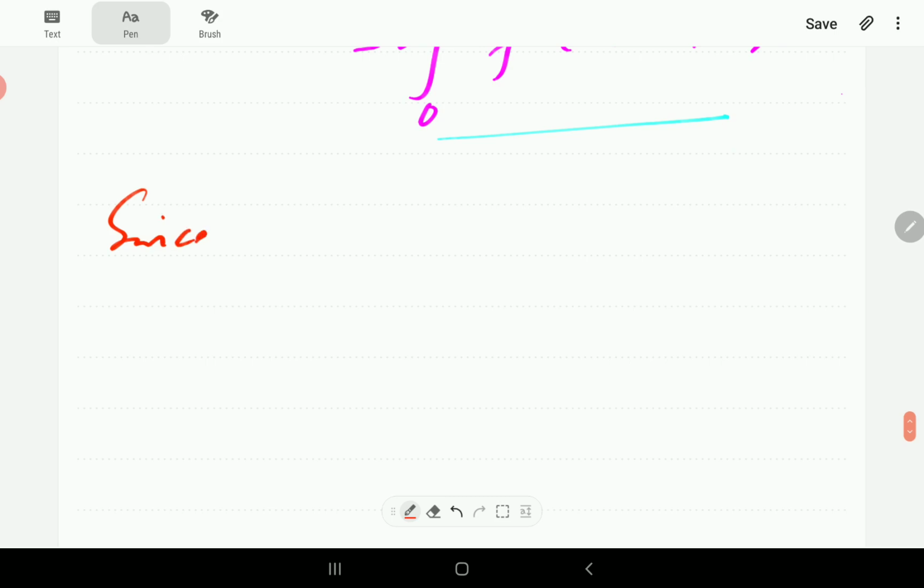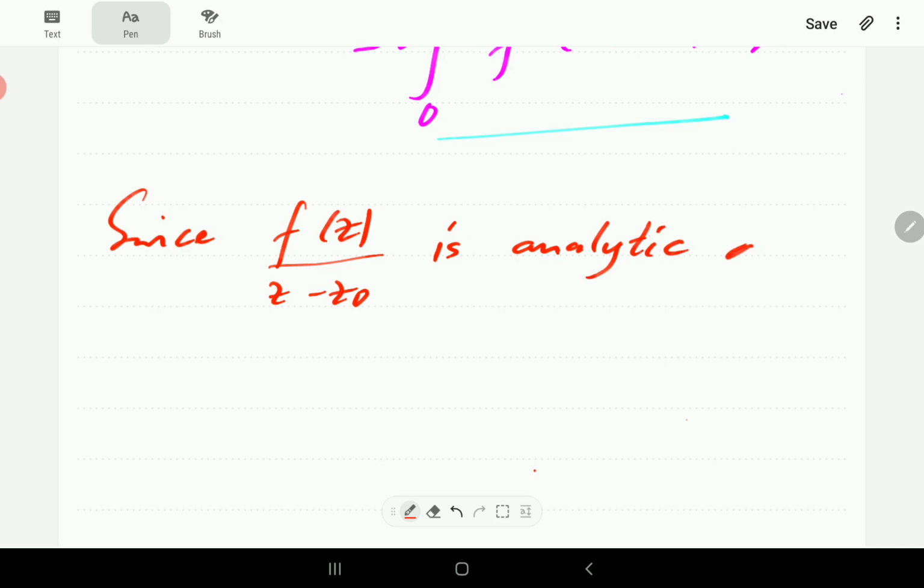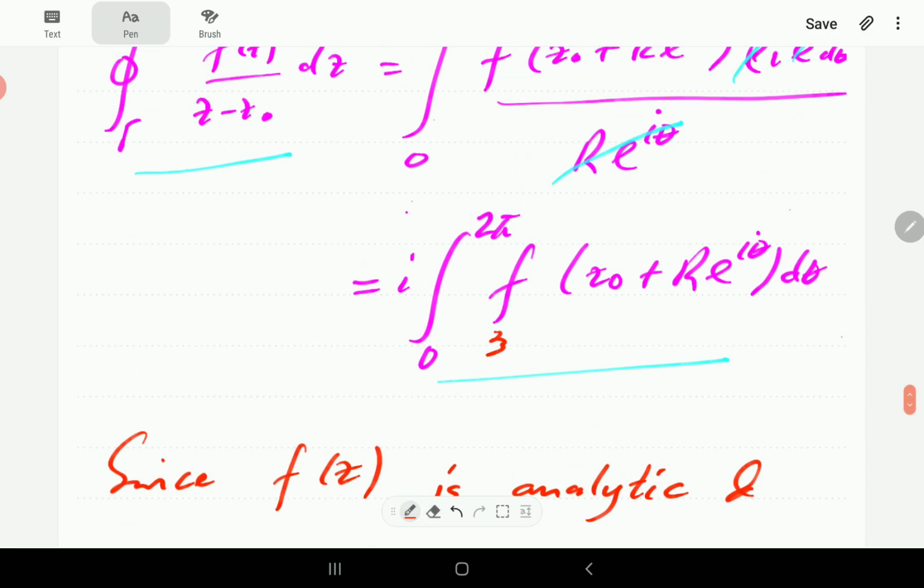Since f of z over z minus z0 is analytic and hence independent of path, in fact in this case we don't need the over z minus z0, because what we have now is just f.